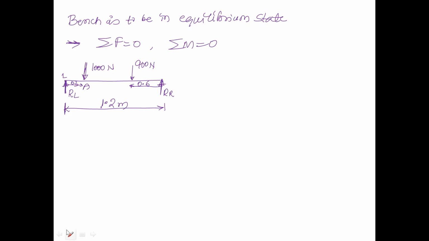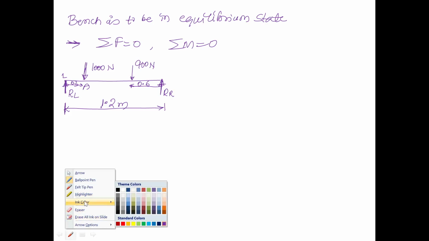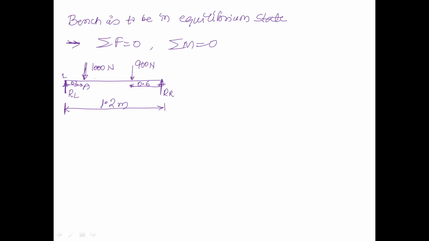Now just observe, due to acceleration due to gravity, the weight of person A is acting in the down direction and the weight of person B is also acting in a down direction. To get the bench in equilibrium state, reaction forces are going to act on it.